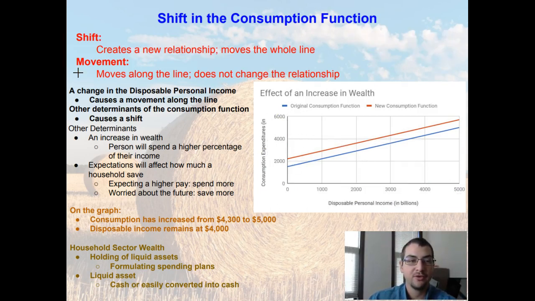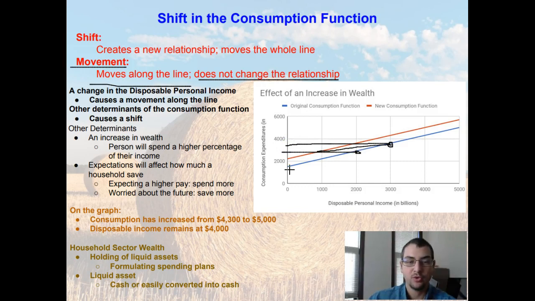On the other hand, a movement is where it moves along the line and does not change the relationship. So if you say, well, I was at an income of $3,000 and now I'm making $4,000, well, your consumption increased, but you don't have a brand new relationship. It's just saying that you have more money to spend.